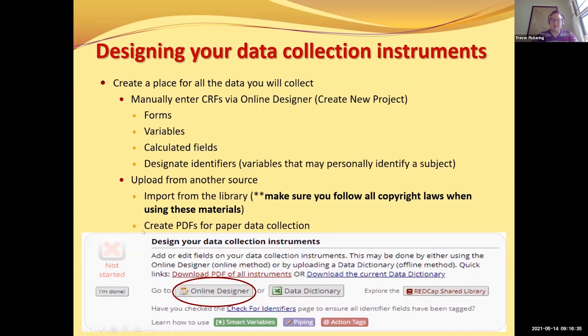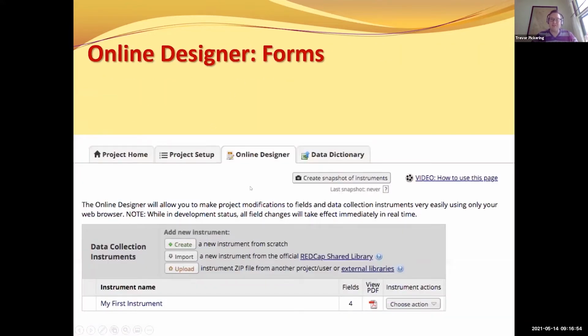Another nice thing about REDCap is that if you don't want to do everything online, you can have your form printed out with a PDF and then use that for paper data collection if you're going out in the field. So once you click this online designer button, it's going to take you to the online designer, which will let you start to create these data collection instruments.